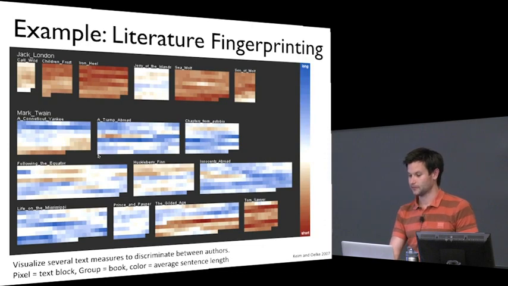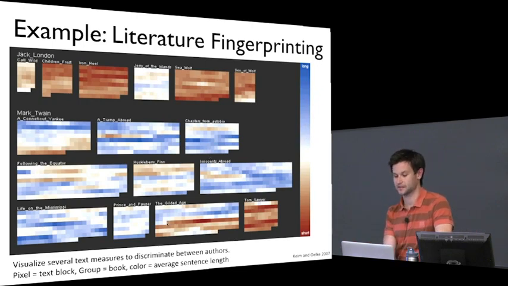When we look at the books now, there are really interesting patterns. For instance, Mark Twain used to use medium length or long sentences. But at some point, the pattern completely switches, and no one knows why. And this, of course, raises some interesting questions. So maybe there was a ghostwriter involved, or so.